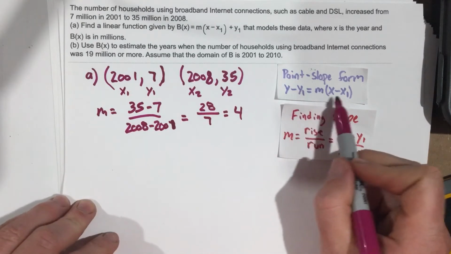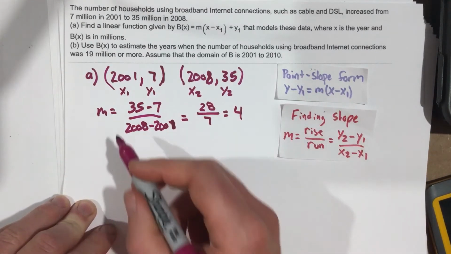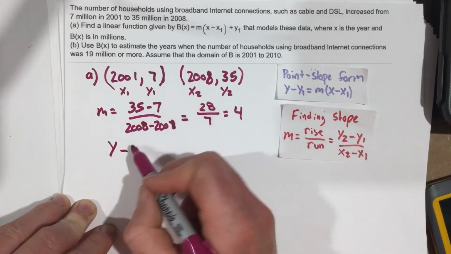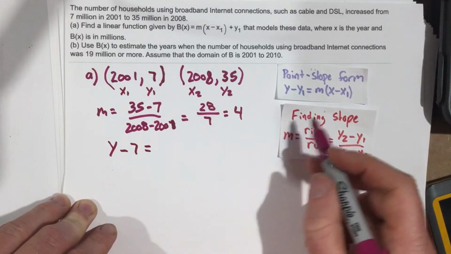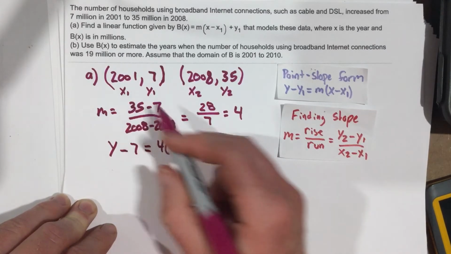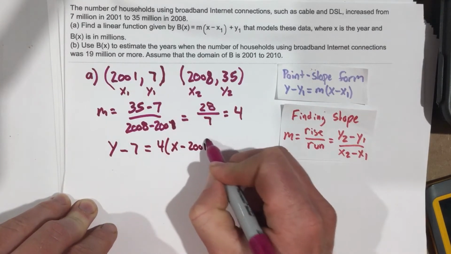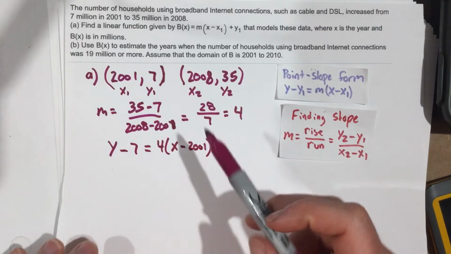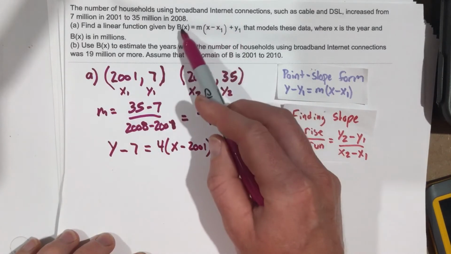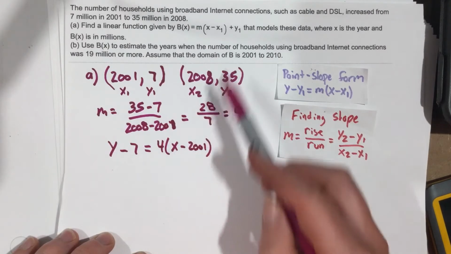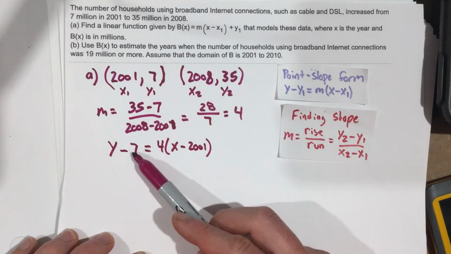Now we can use point slope form to write this equation. We can say y minus y1, which is 7, equals 4 times x minus x1, and x1 is 2001. Okay, so then how they want this written, they want it written like this form here. Notice we have m times x minus x1, that's this part right here, so plus y1. So they just want y1 to be moved over.